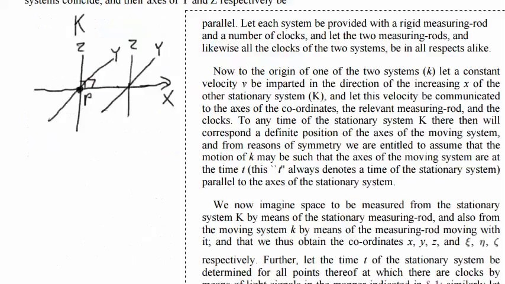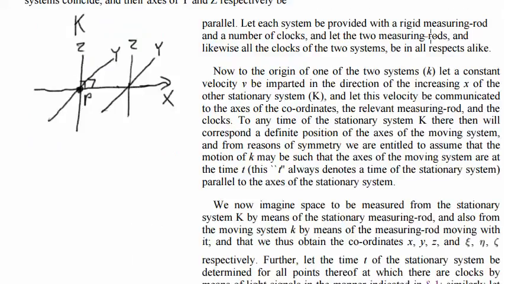be parallel. Let each system be provided with a rigid measuring rod and a number of clocks, and let the two measuring rods and likewise all of the clocks in the two systems be in all respects alike. Now, to the origin of one of these systems, system K, let a constant velocity be imparted in the direction of increasing x.